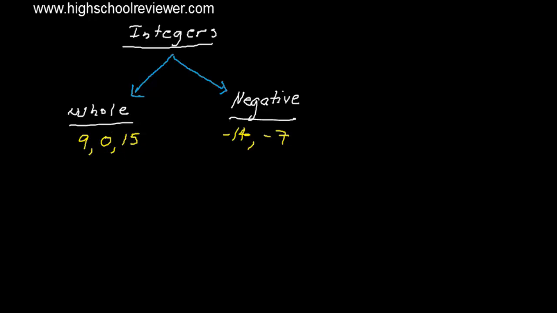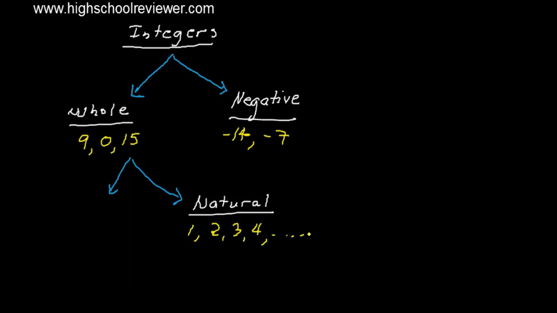And then lastly, there are two types of whole numbers. So let's divide this again. The whole numbers are divided into two. The first type of whole numbers is the natural numbers. Some examples of natural numbers are the numbers that are not zero: 1, 2, 3, 4, and so on.